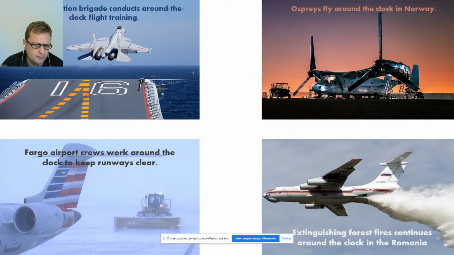Eles fazem treinamento o tempo todo. Lê esse da direita no alto aqui. Ospreys fly around the clock in Norway. All right. Below, the jet with the water extinguishing forest fires continues around the clock in Romania. All right. And the last one.